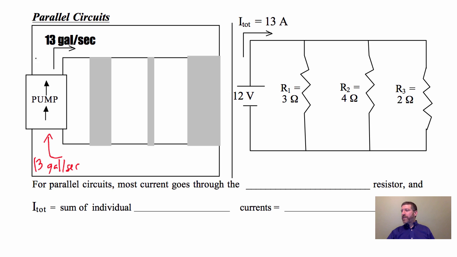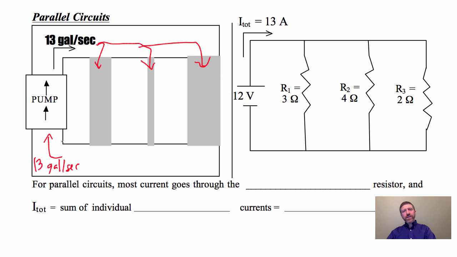And the question is, how does this 13 gallons per second flow into these resistors right here? Now, if you imagine our little senior analogy, where are more seniors going to be able to just get through? The wide door right here or the most narrow door right there?